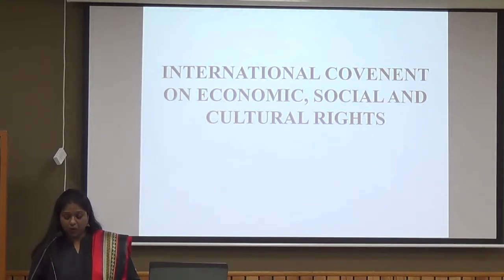They have given certain points such as right to work, opportunity to everyone to earn livelihood by working, right to safe and healthy working conditions, fair wages that can provide a decent standard of living for the workers and their families, right to adequate standard of living including adequate food, clothing and housing, right to social security and insurance, right to health, medical care during illness, special care for women during childbirth and prevention of epidemics, right to education, free and compulsory primary education, equal access to higher education.